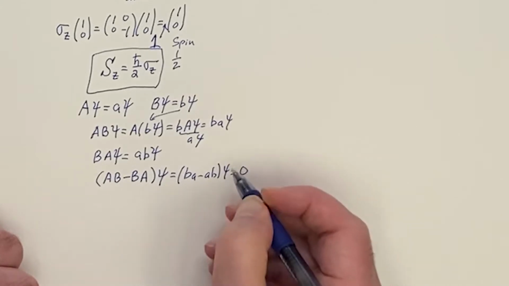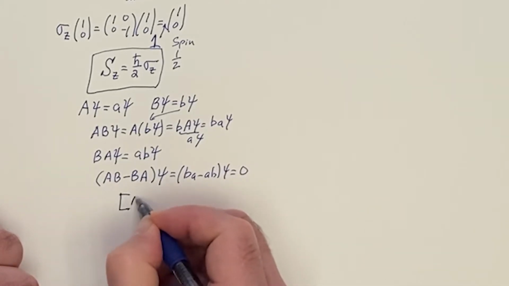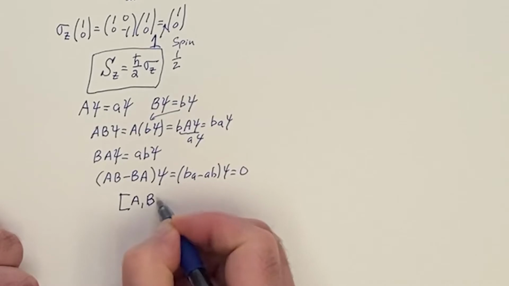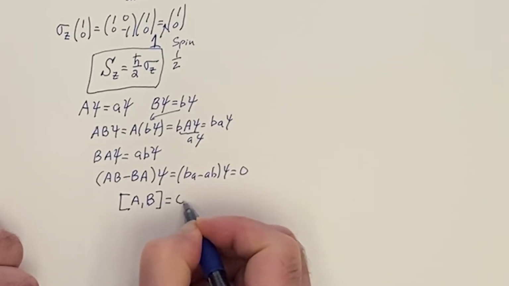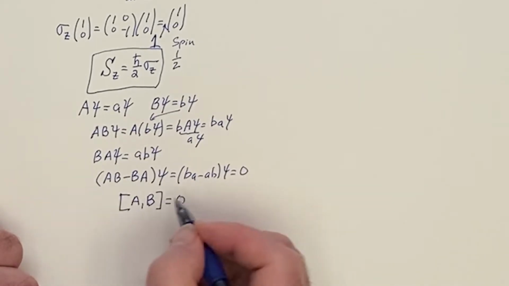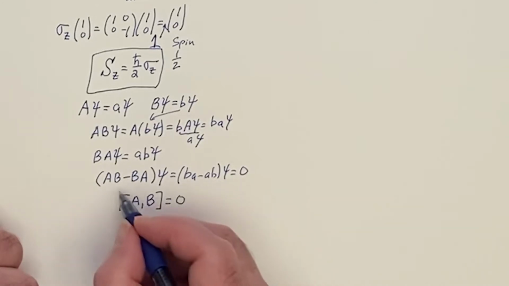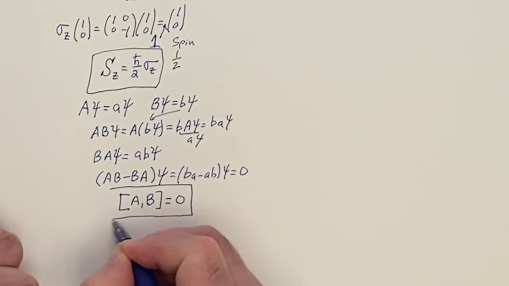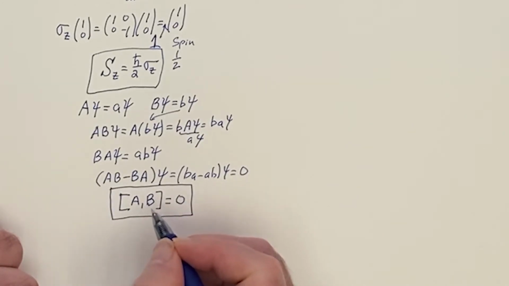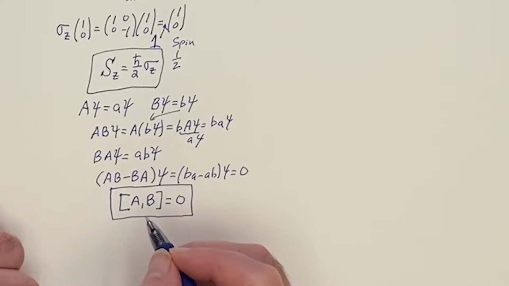It's going to be 0. So we say that these operators commute, that you can make two different measurements and have simultaneous eigenvalues.